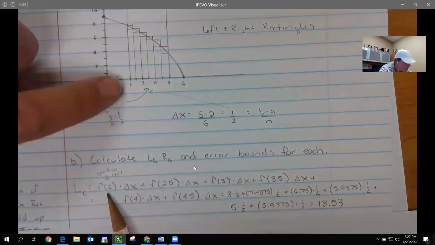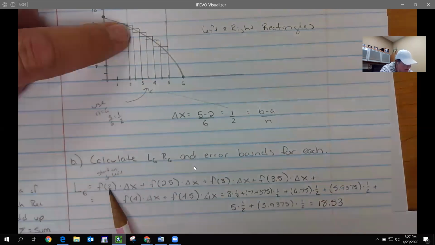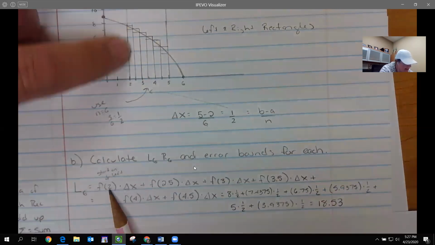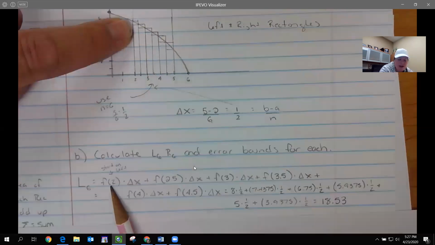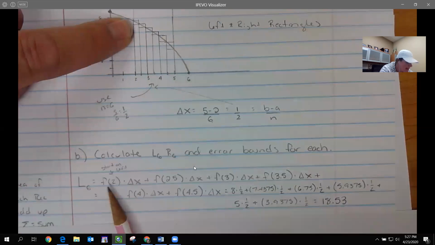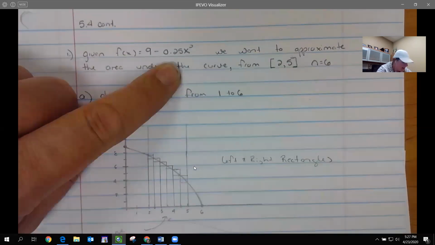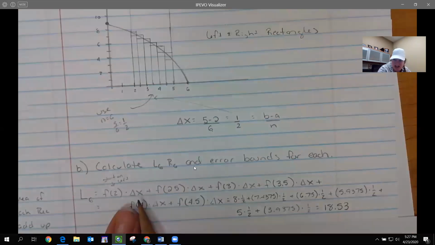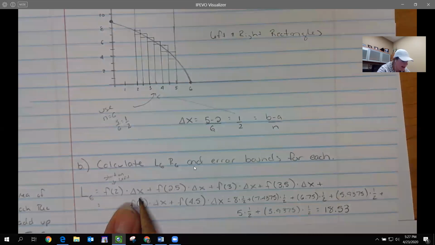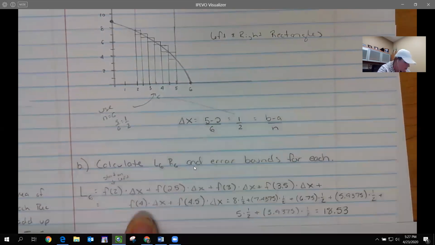So for my left sum, I want to start with 2 because my left goes up and over, so that distance is wherever the function is at 2. So I'm going to take the number 2 and put it into my function, and then I'm going to times it by the change in x. So this is just writing out my formula. The second part is going to be the actual calculations.